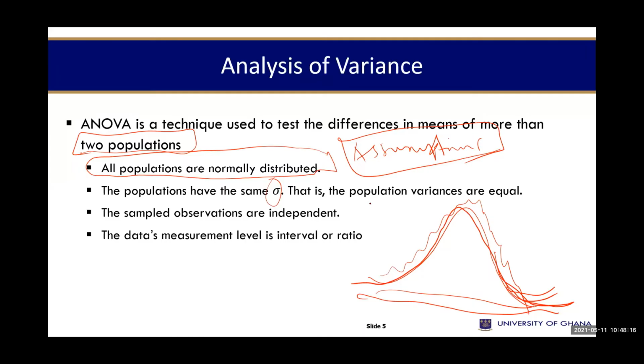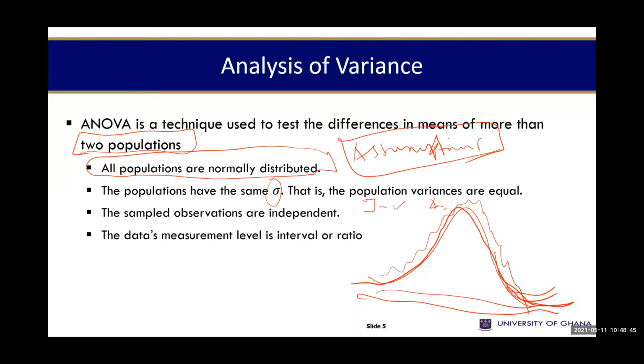So if I go to Junction Mall and I'm collecting data on ShopRite sales volume, it should just refer to volumes in Junction Mall. If I go to Accra Mall and I'm also collecting data, it should just represent what I have collected there. So data should be independent of each other.